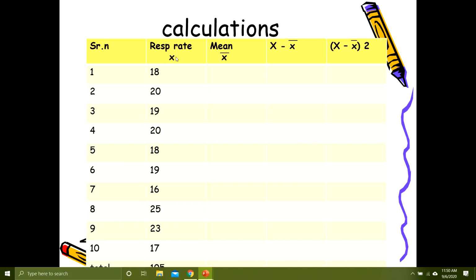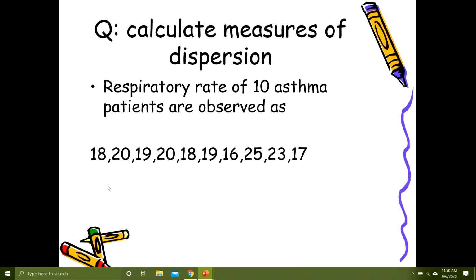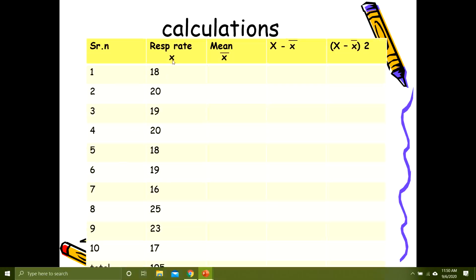Now I will put the respiratory rate of each participant of the sample. The respiratory rate of the first participant was 18 and the second was 20. So I have put the respiratory rates of these participants according to their serial number. This is the simple frequency of the respiratory rate of the participants who have entered into my sample.